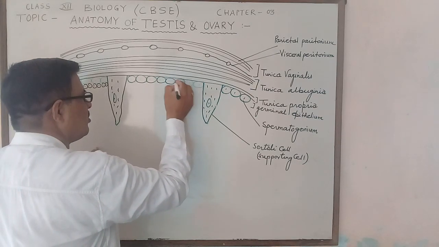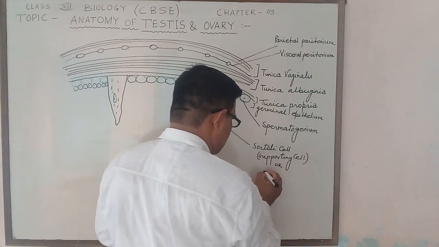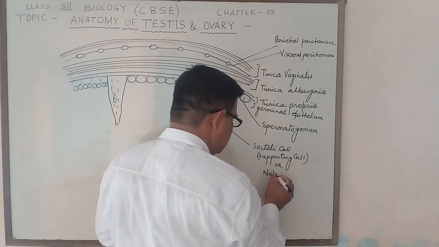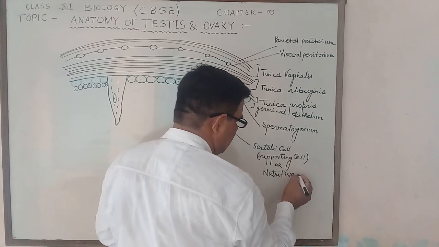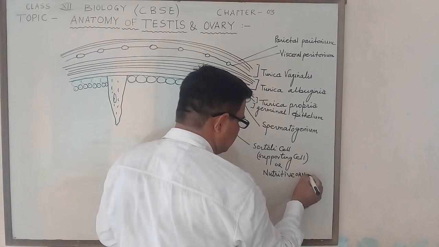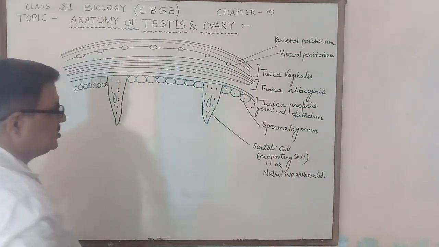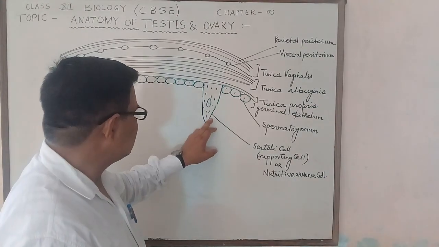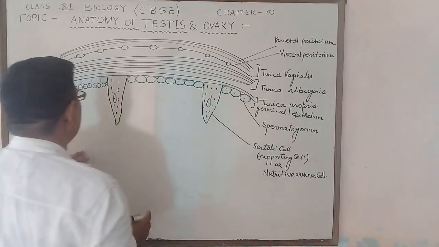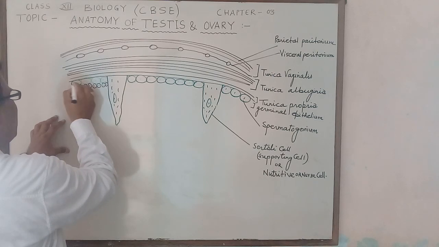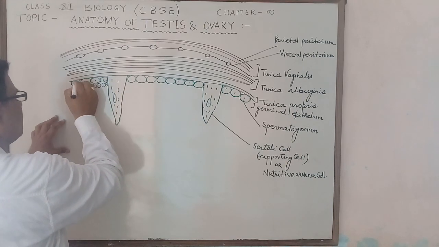That is why it is called a nutritive cell or nurse cell. So several names have been given to the Sertoli cell, which is larger in size, and generally it has the small size cell called the spermatogonium cell.